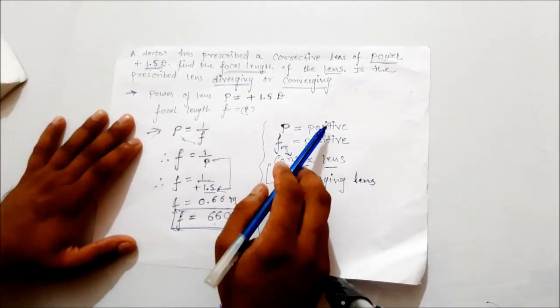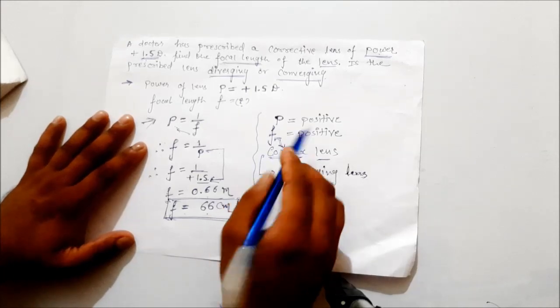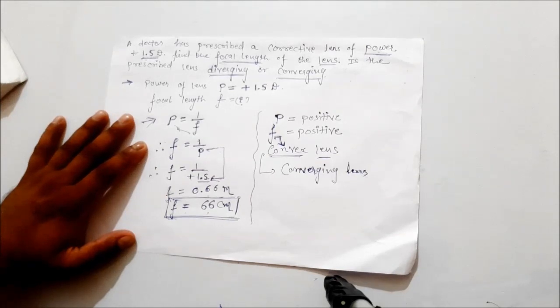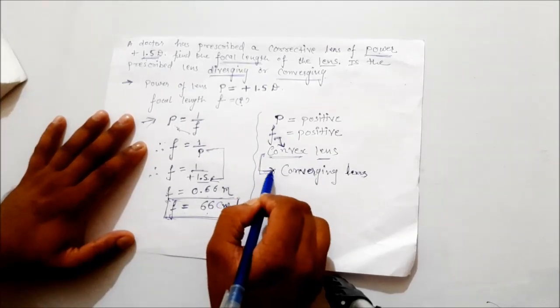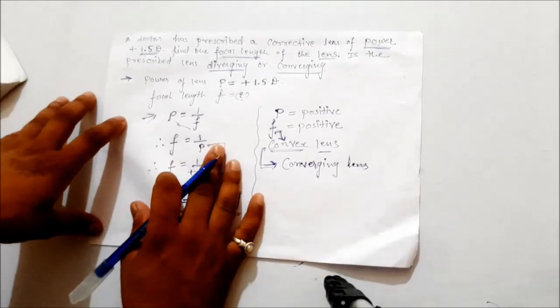As the power of the lens was positive, the focal length was also positive, and focal length is positive for convex lenses, and a convex lens is called a converging lens. So this way we can calculate the sum.